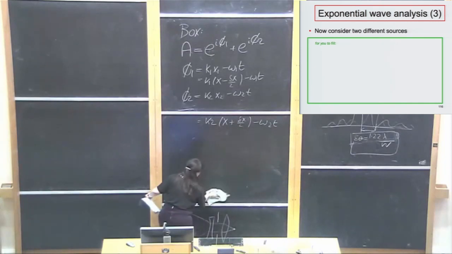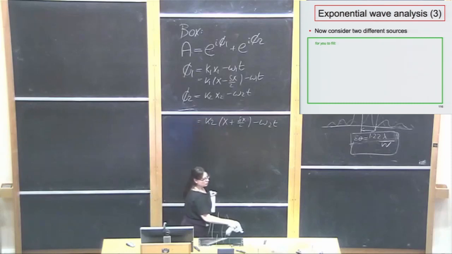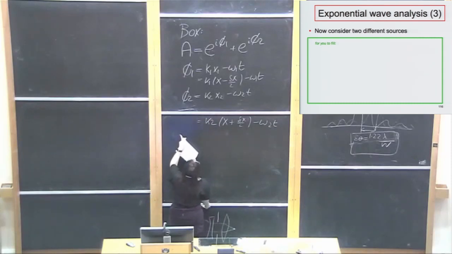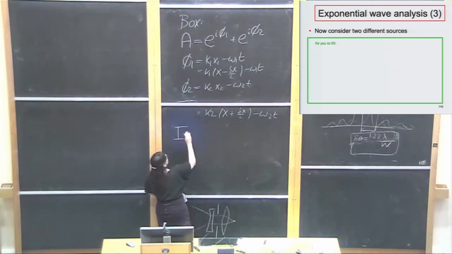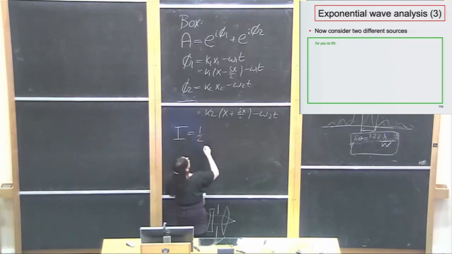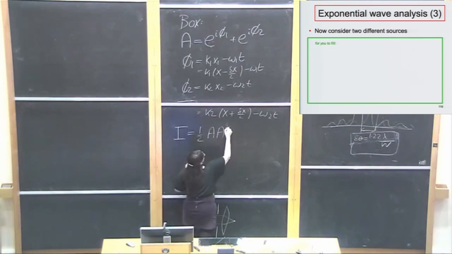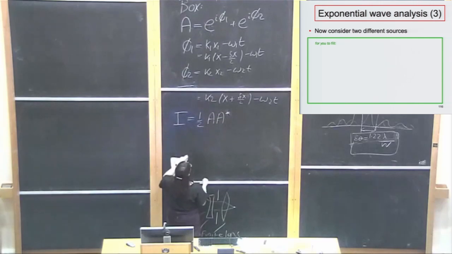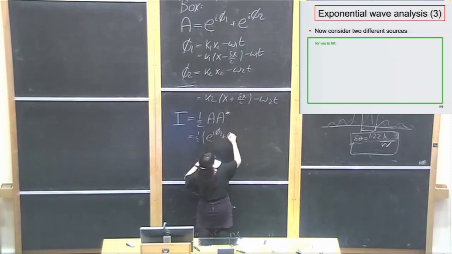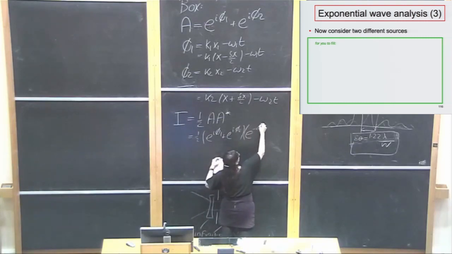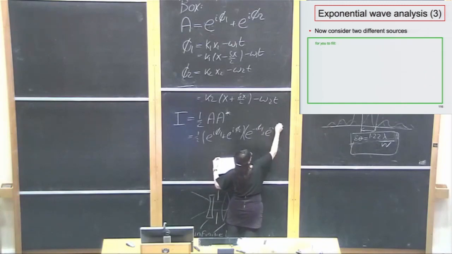I'm going to keep things in terms of phi 1 and phi 2 for the minute because I don't want to keep writing out all that long stuff. Then we'll put it in at the end. So what I want to calculate is the intensity pattern. We'll be good and keep in the half, but we don't really need to; it's just a normalization constant. So A times A star: half of (e to the i phi 1 plus e to the i phi 2) times (e to the minus i phi 1 plus e to the minus i phi 2).